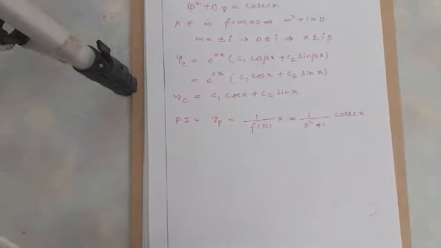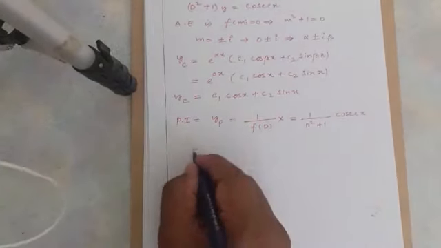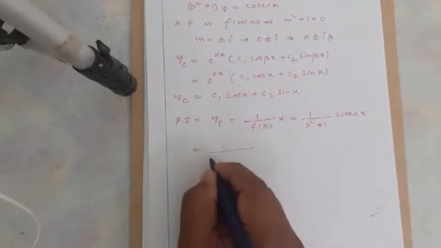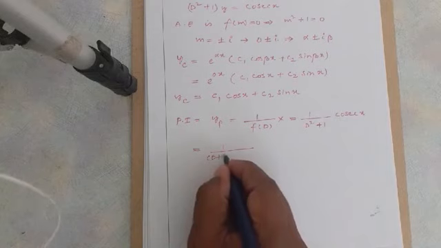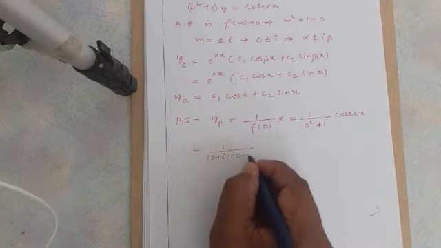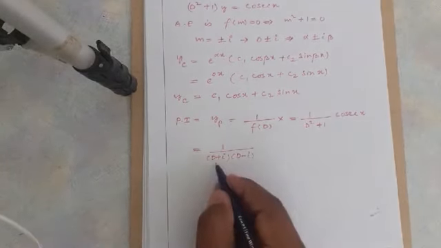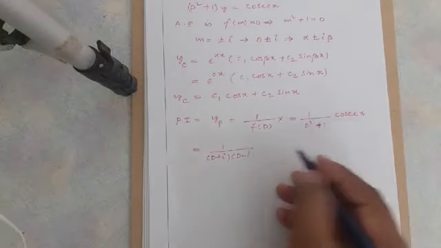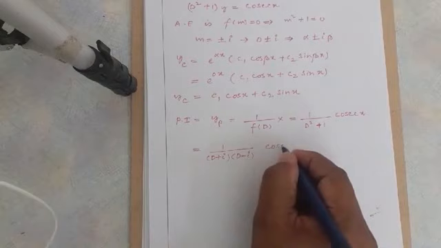Now 1 upon D squared plus 1 can be written as 1 upon (D plus i) into (D minus i), because when you multiply D plus i into D minus i, you get D squared plus 1, into cosec x.